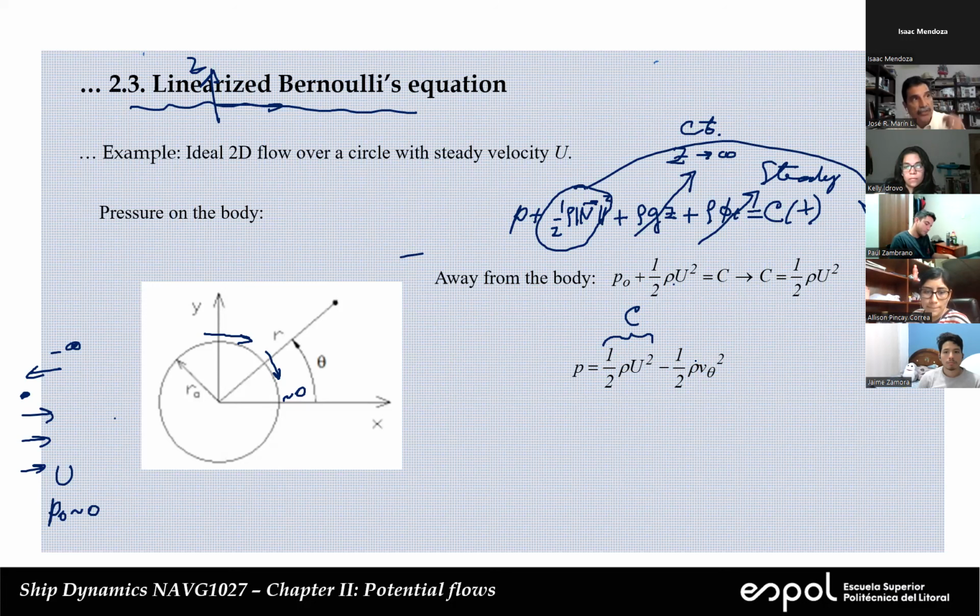But we just discussed that on the surface of the body, the only velocity that we have is the tangential, because the radial is 0. Why? Because otherwise it would penetrate the body. So this is just the tangential velocity.